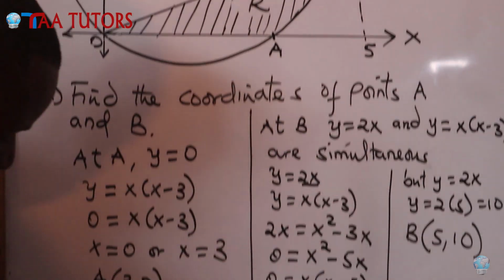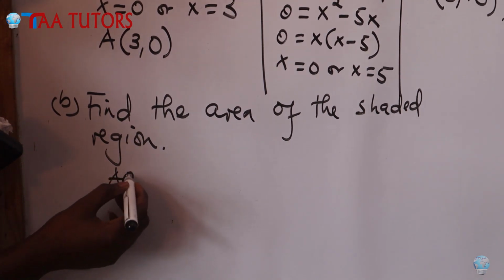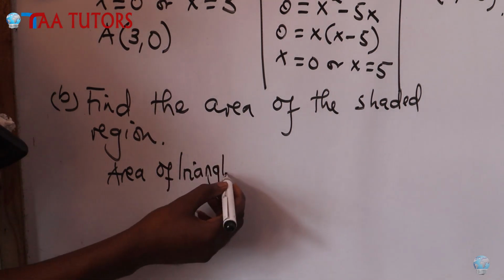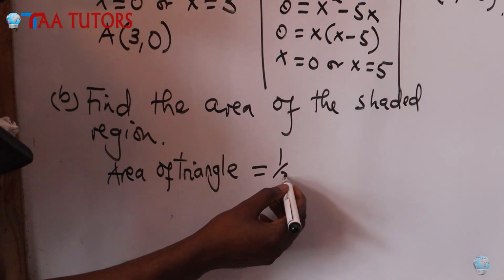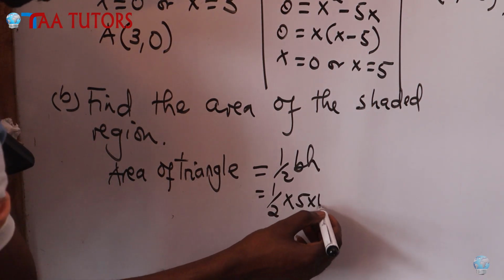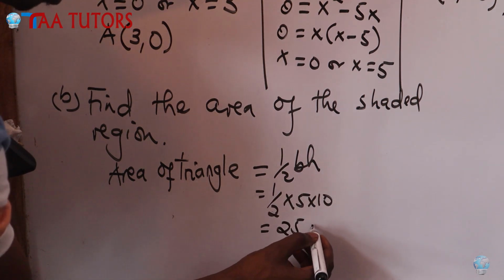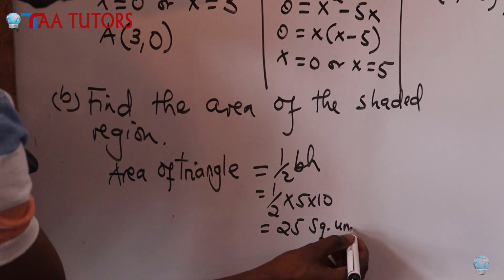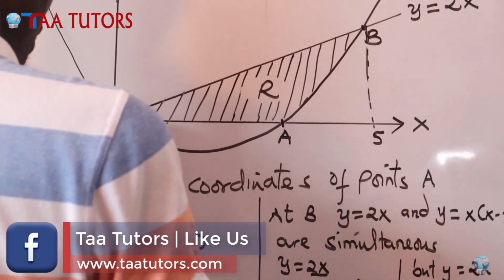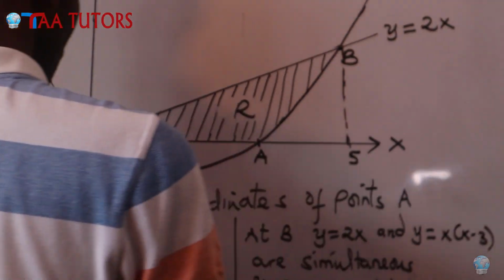So first I'll say area of triangle, which is the bigger area, equals half bh, which equals half times 5 times 10, and that will give me 25 square units.